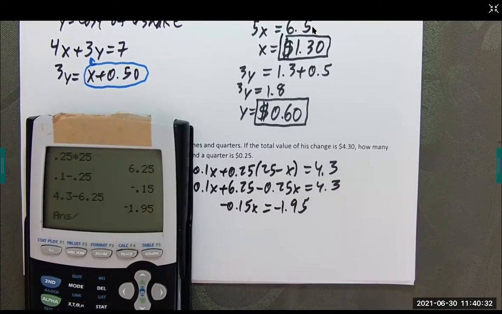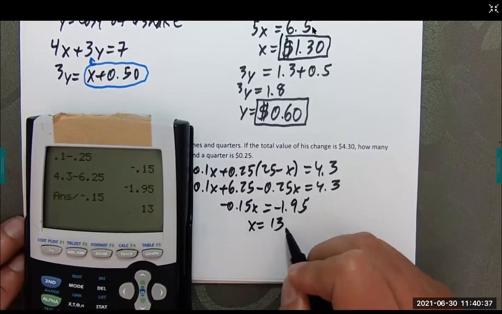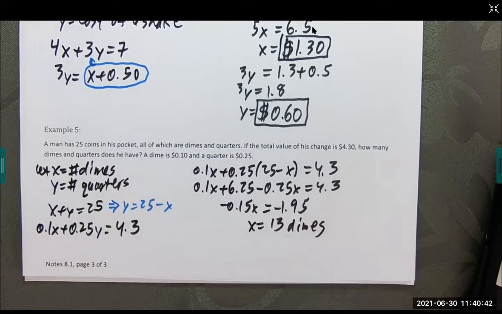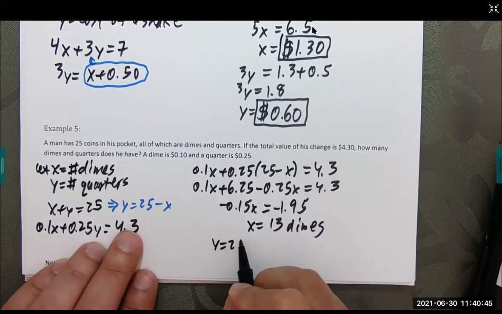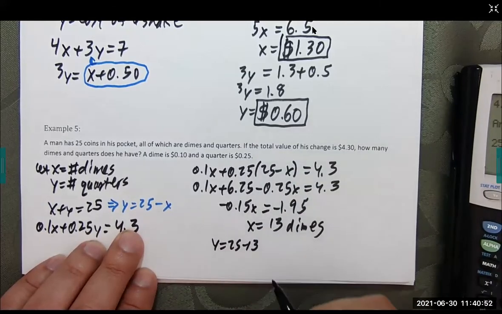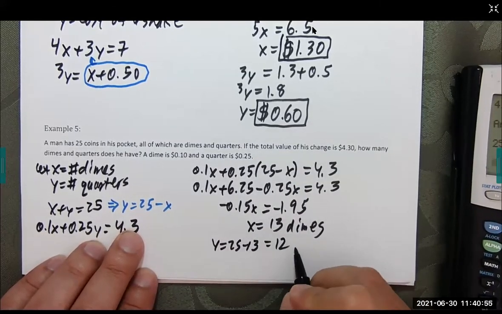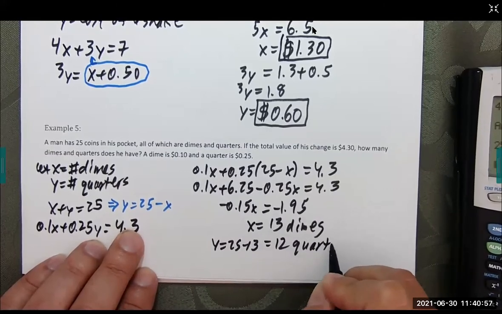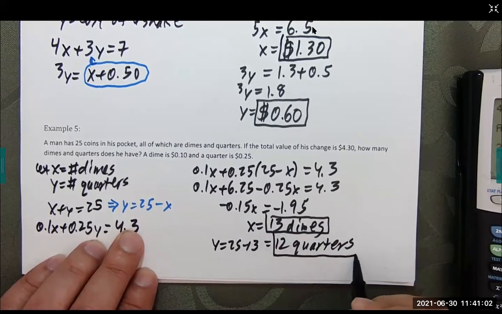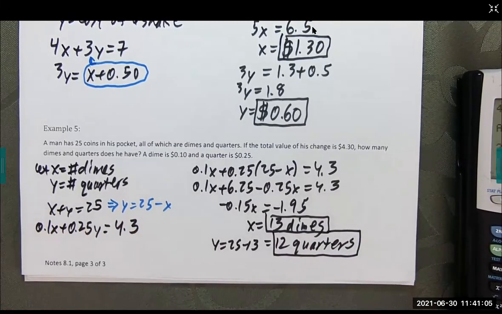Divide that by negative 0.15. x equals 13 dimes. Because x is the number of dimes, y is 25 minus 13, 12. So 13 dimes, 12 quarters. Not too bad, just need to be a little patient.